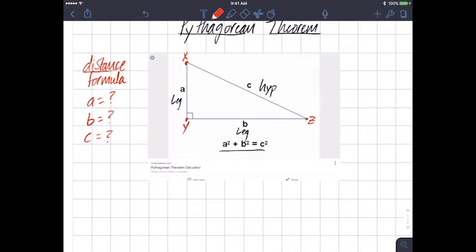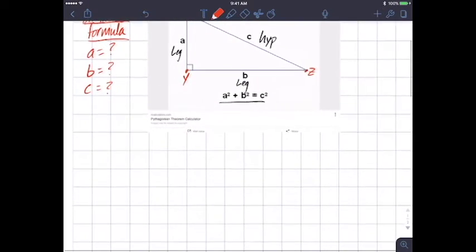You could use the distance formula, and I have another video on that, and you could just get the distance from X to Y, and then the distance from Y to Z, and then the distance from X to Z, or vice versa, from Z to X. But in this case, we're going to assume we already have some of the distances, and we need to find C, the distance from X to Z.